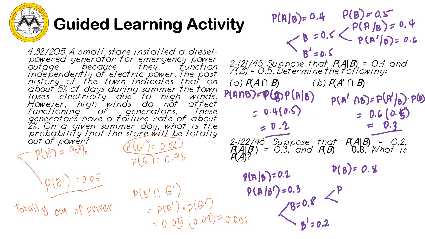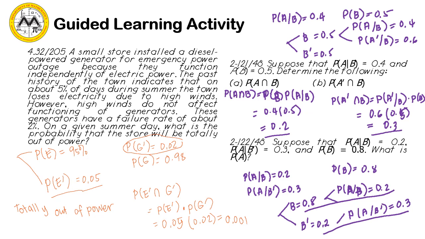The probability of A given B is 0.2, and the probability of A given B prime is 0.3. To solve this, we add 0.8 times 0.2 plus 0.2 times 0.3.